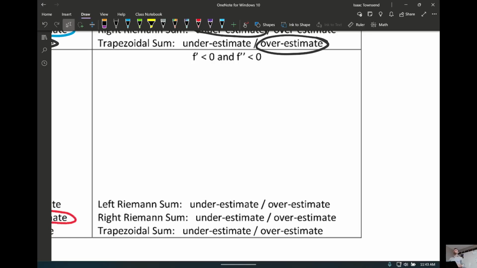Give everybody another moment to think about this, but if you were finished, you should try to see if there's a pattern that you can notice. When is it an overestimate? When's it an underestimate?